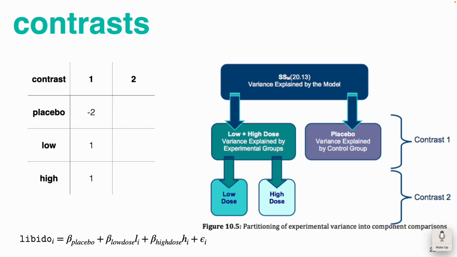But because we have two means, one low, one high, that means we have to double the placebo's mean to see if those are equivalent or not. So basically you're seeing if the mean of the placebo is compared to the mean of the low and the high, and you scale it up. Instead of taking the mean of these two, you just add those two, and you double the placebo, and you compare those two. What would the contrast be?